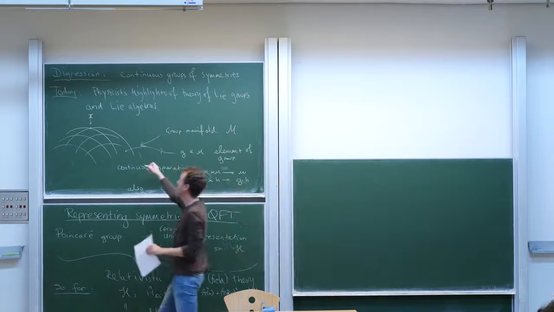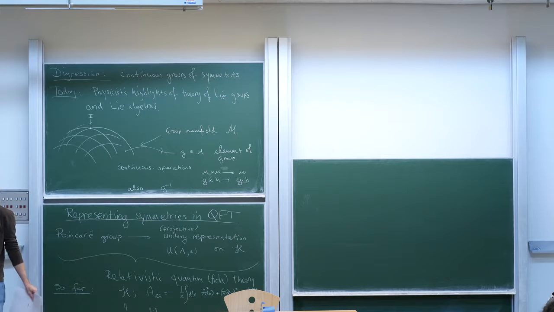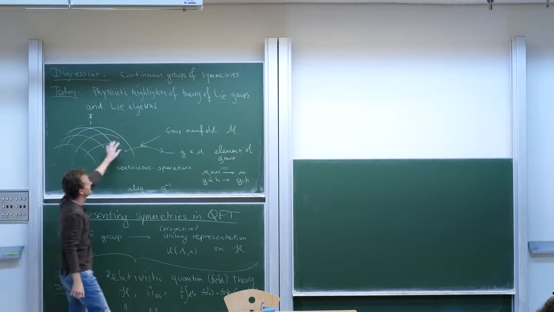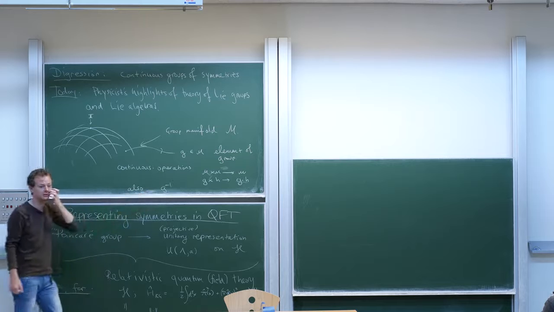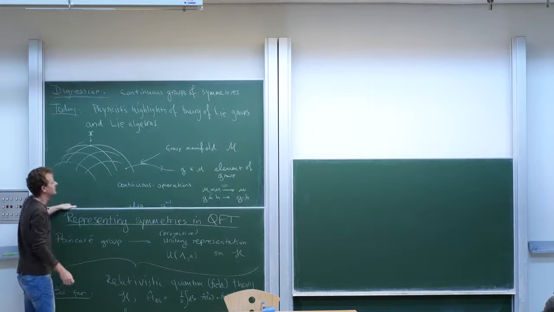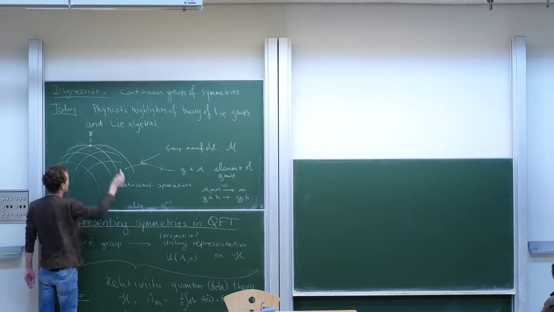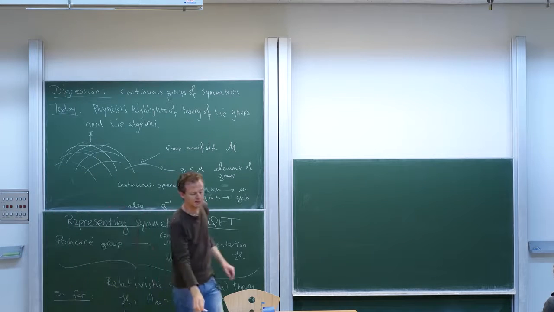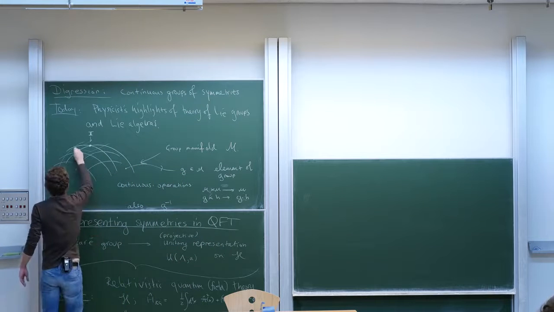And there is one element that's very special in this group, and that's the identity. So the whole idea of the representation theory of Lie groups, which are groups where the operations of multiplication and inverse are continuous, is to study elements that are very close to the identity. You imagine drawing a plane tangent to the surface.